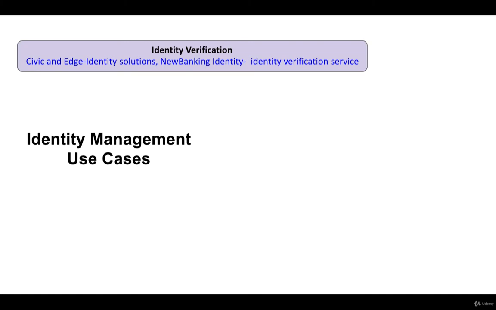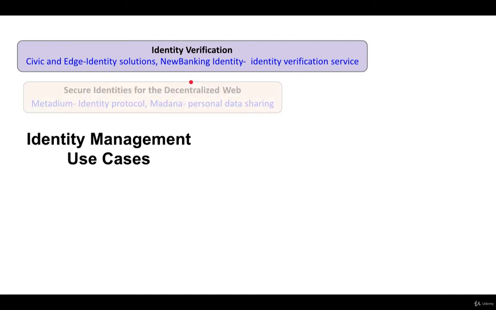If the identity verification can be done on the blockchain, the login data can be stored in terms of multi-step authorization, multi-factor identity verification, and in an immutable manner. So authentication can be streamlined, and stolen identity and credentials can be reduced to zero. Civic, Edge Identity Solutions, and New Banking Identity are basically working on identity verification services.